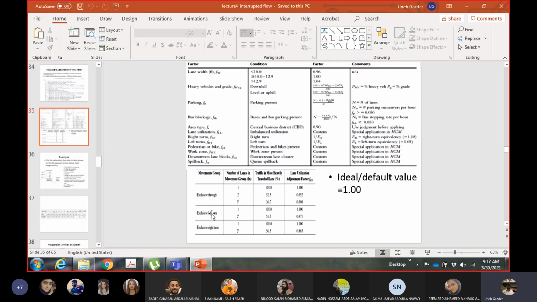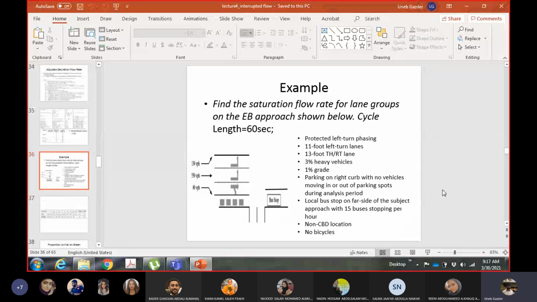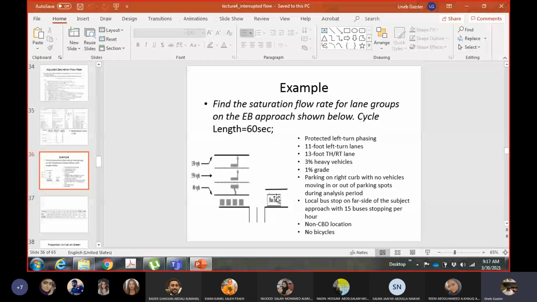Okay, next factor is bus blockage. We have buses as well, and obviously the bus stop is only towards the right hand side of the road, so we will only consider it for the right hand side.